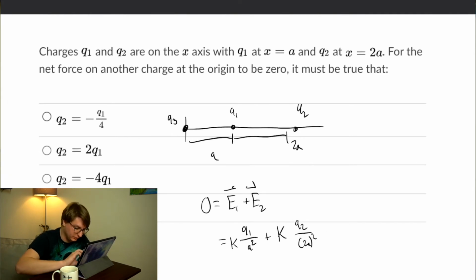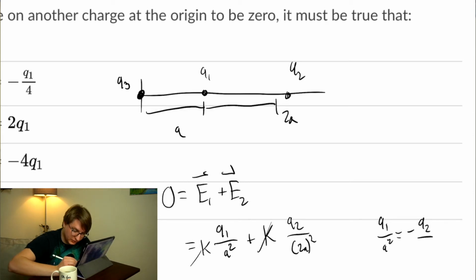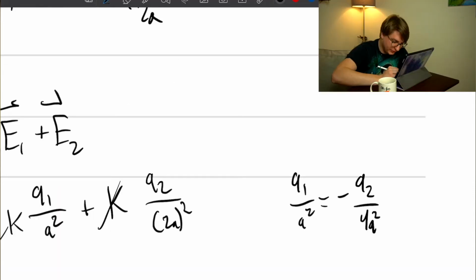We're going to have to do a little algebra. The K's, get rid of those. Subtract the other side. Q1 over A squared equals negative Q2 over 4A squared, so the 2 gets squared too. We get a relation: Q1 equals negative Q2 over 4.